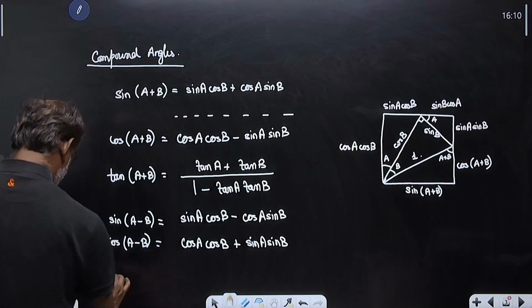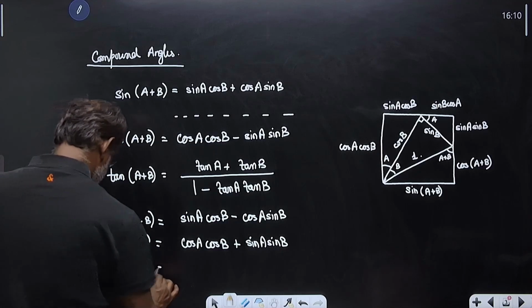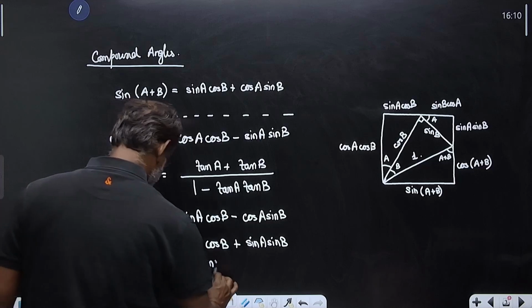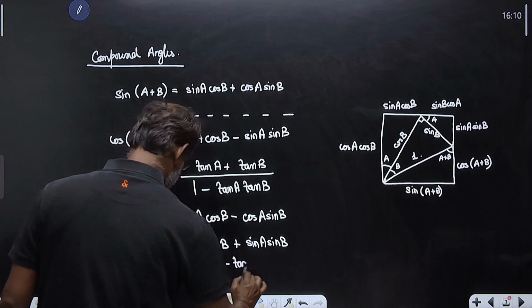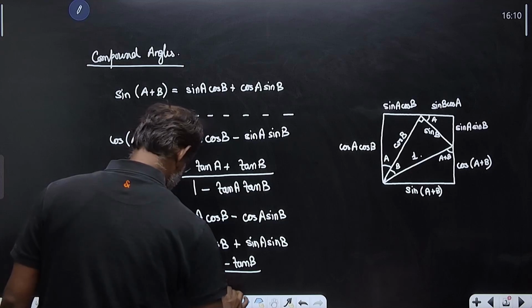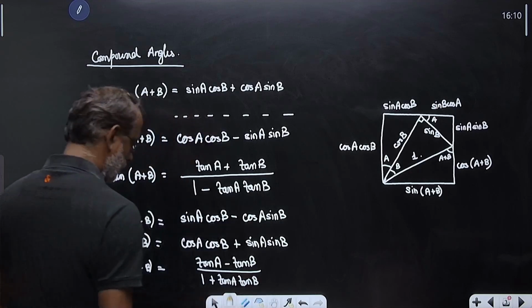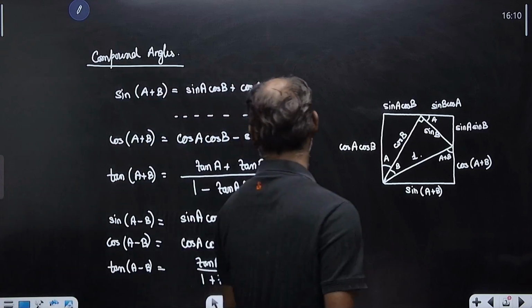And therefore tan A minus B is tan A minus tan B upon 1 plus tan A tan B.